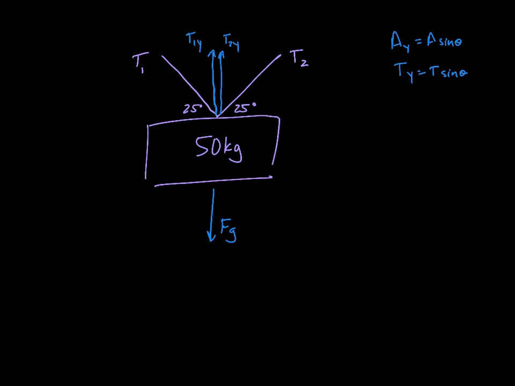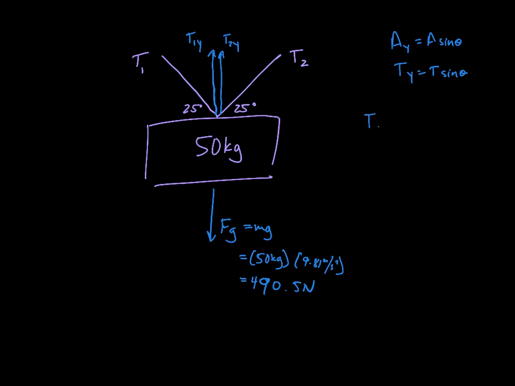So we can figure out what's the weight of this object, 50 kilogram object, by doing 50 kilograms times 9.81. Okay? And you should get 49, oh, nope, not even. 490.5 newtons, okay? So that's the weight of it. Now this 490 is being evenly distributed between the 2 Ty components, okay?